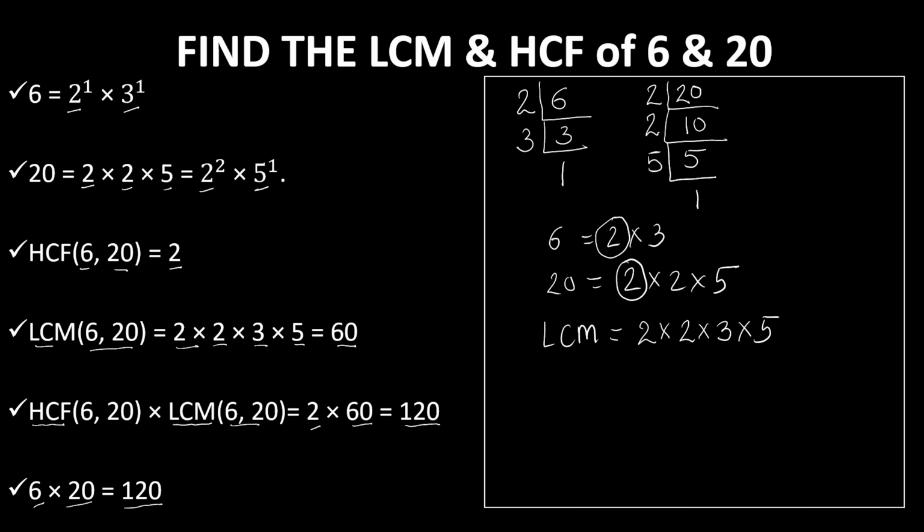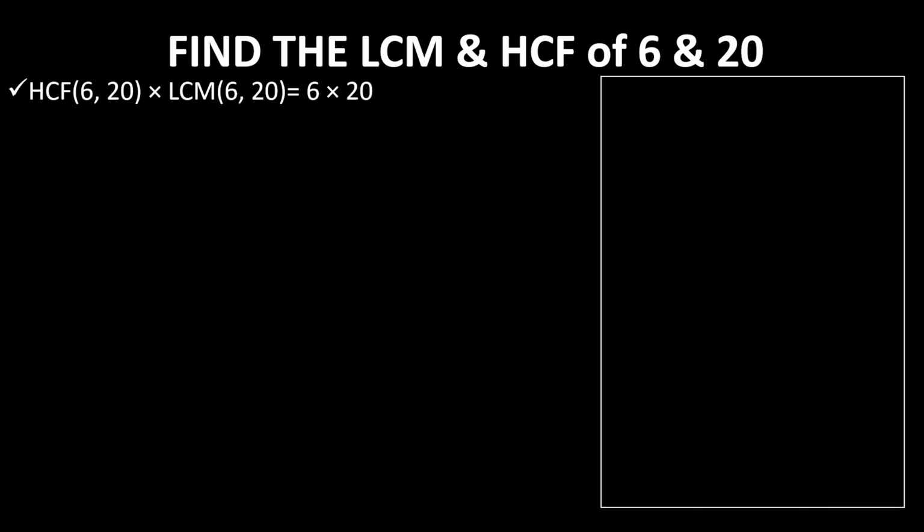So we observed here that the product of two numbers 6 and 20 is equal to their highest common factor multiplied with their lowest common multiple. So as a statement, how can we write down?